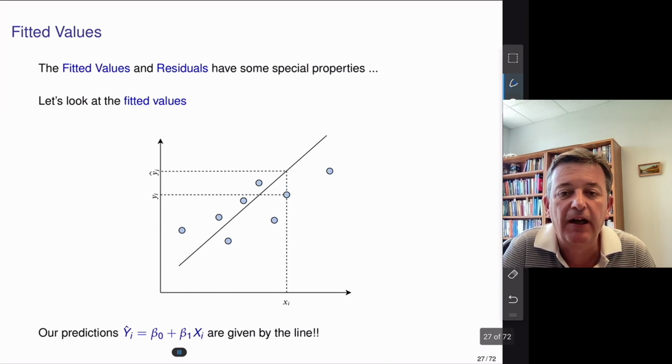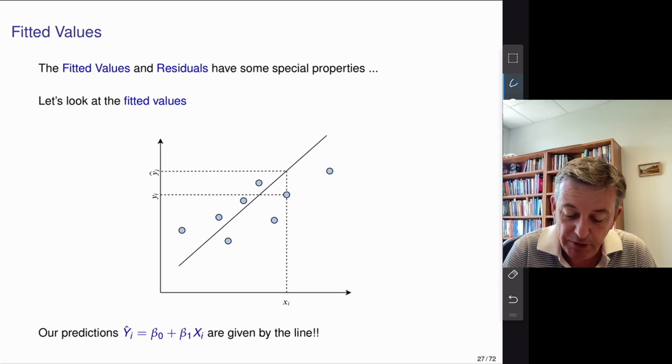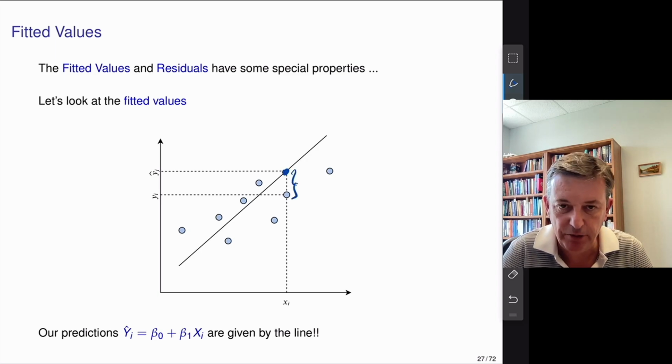Just a couple of little definitional things. Fitted values and residuals. The fitted value is essentially the point on the line, and the residual is essentially how far you miss the line.